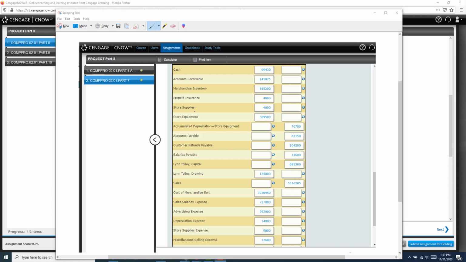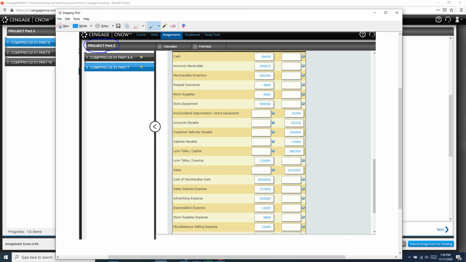Here's project part 2 and the solution of the adjusted trial balance. This is the information where mainly what we use to get the balances and the account for the financial statements. So where's the withdraw account on here? I'll leave that to you, and also the balance of the withdraw account.